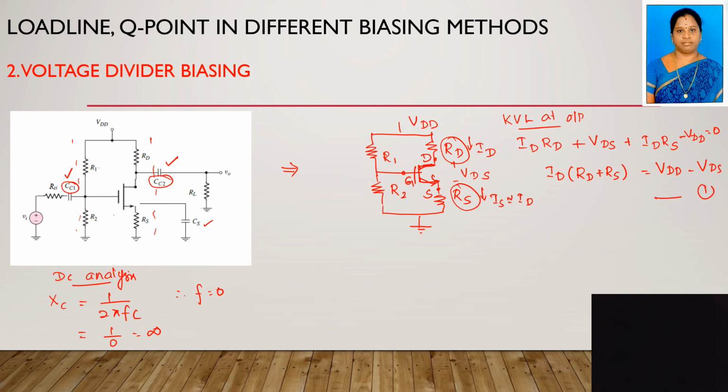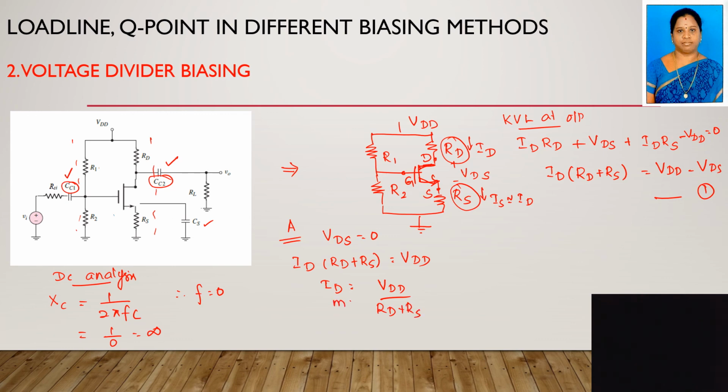You can consider this as the first equation. So if you want to locate the point A in the DC load line, I have to substitute VDS equal to 0. Then I will get ID into RD plus RS equal to VDD. Thereby ID equal to VDD by RD plus RS.